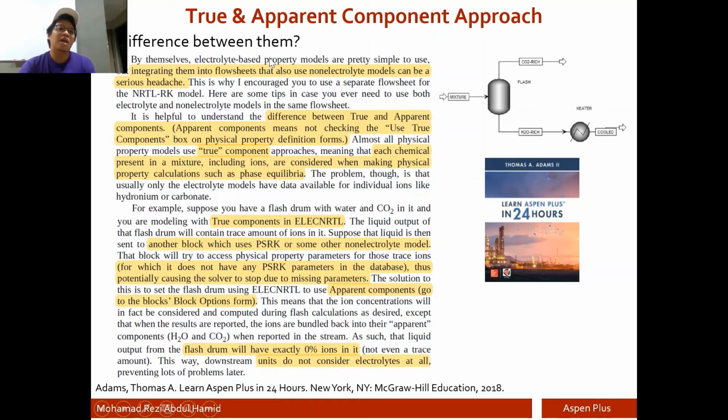However, if we choose the apparent component approach, what's leaving the flash column will be a charged neutral component. There will be no ions, because all the anions and cations will be combined together with the pure species, and they will enter the heater, and the heater will have no issues calculating, converging, and getting the final result.